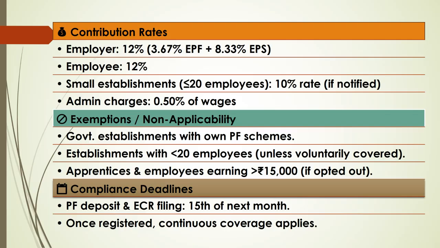Thereby, it would be 12.5% by the employer and 12% by the employee. Out of this 12%, 3.67% would be devoted to EPF and 8.33% to the employee pension scheme.